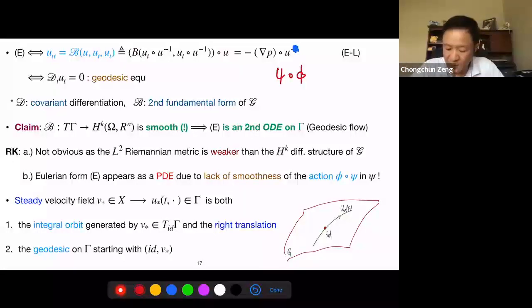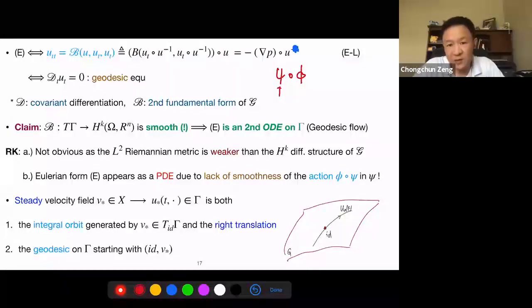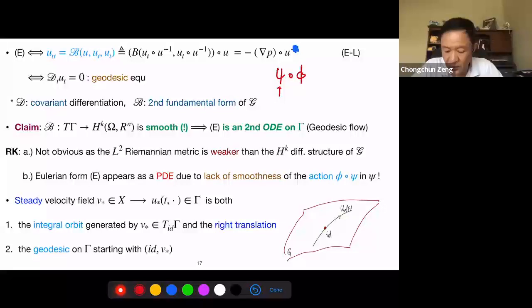So for example, if you think about psi composite phi, and you do the variation in psi, it is perfectly nice. If you carry out a variation in psi in H^k, the result is also in H^k.